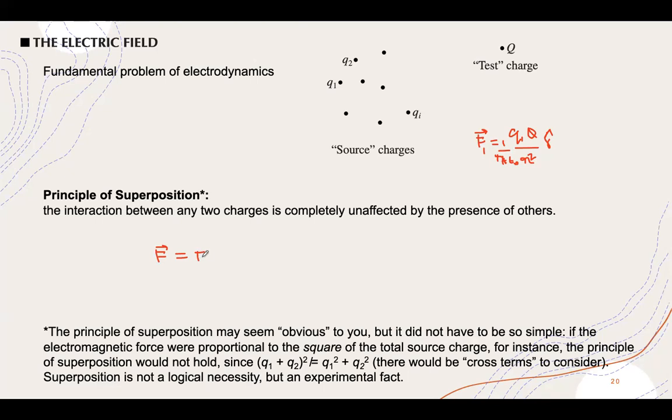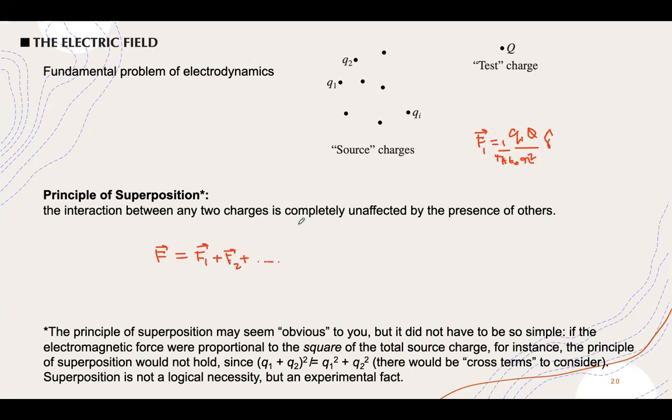So F equals F1 vector plus F2 vector and so on. This is the principle of superposition. It looks very simple and very obvious, but I put a star here to understand why it seems so obvious.